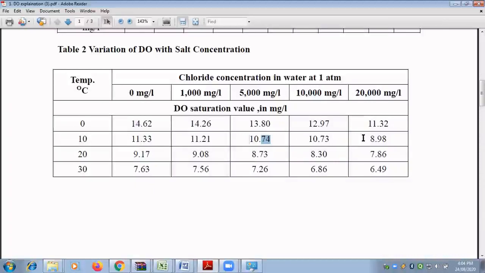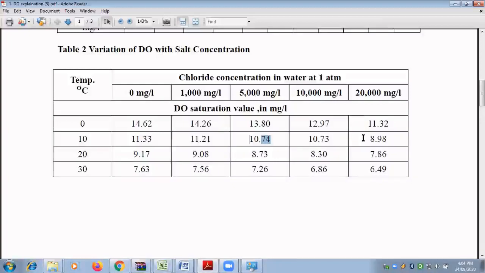When I say that the DO saturation value is changing, it also means that the DO value is changing. Now let's understand why this is happening, right? If I'm putting some chloride into the water, here you can take sodium chloride, that is NaCl, or the salt that we have at home, and when we put this salt in the water and stir, the salt will get dissolved, right?